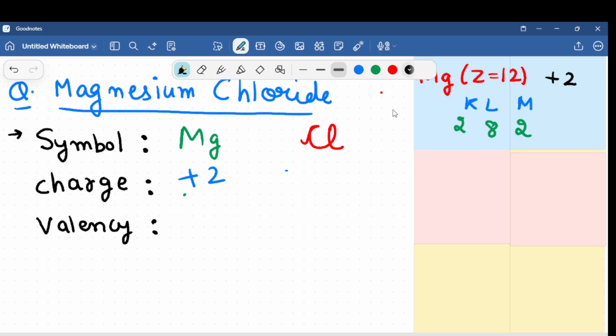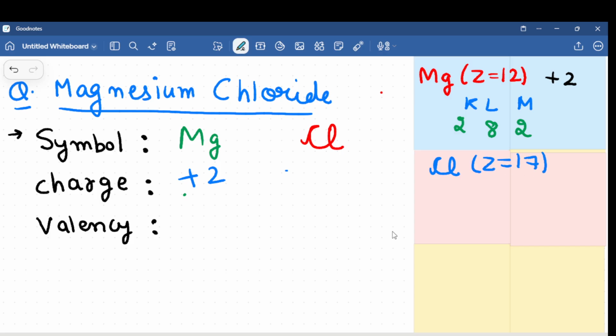And if we now further see the valency of chlorine, right? The atomic number of chlorine is 17, we know that. And then we can write electronic configuration of chlorine in this way, that 2, 8 and 7.